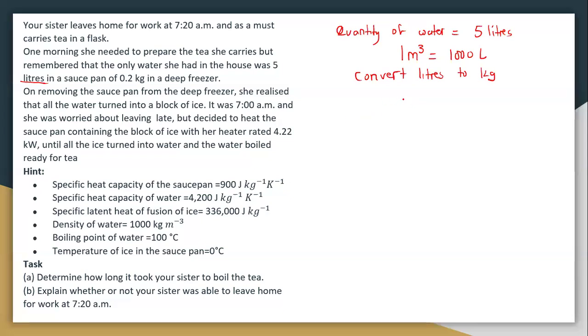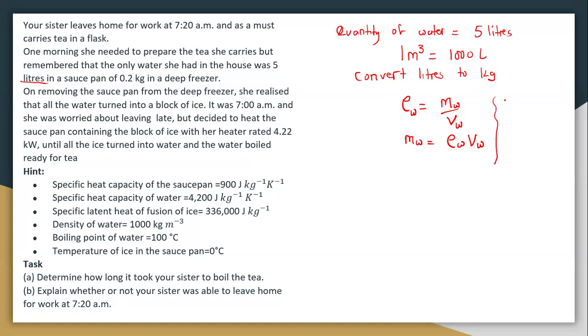So what do you remember? Density is always given by mass over volume. Since we know the density of water and we have the volume of water, we can find the mass of water. So the mass of water is going to be the density of water times the volume of the water. But like I've already said, 1 meter cubed is equivalent to 1,000 liters.